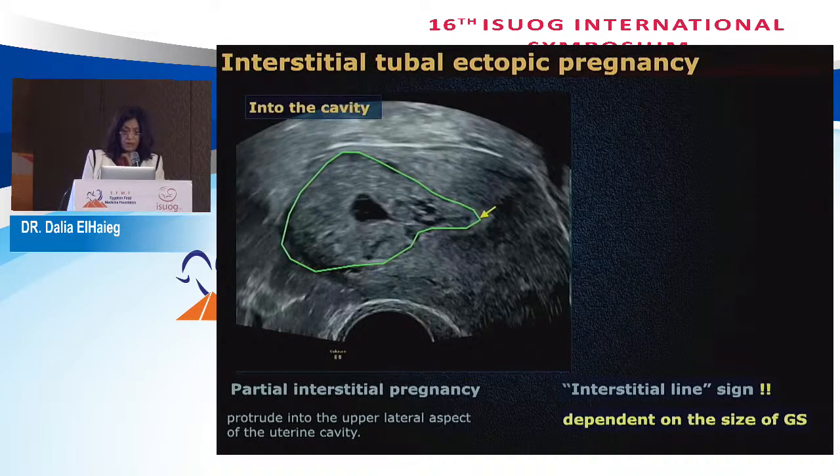However, the interstitial line sign depends on the sac size, and the growing sac may spread.